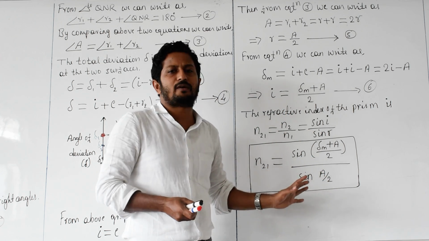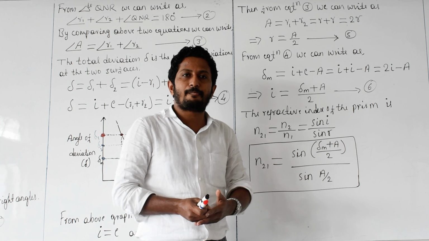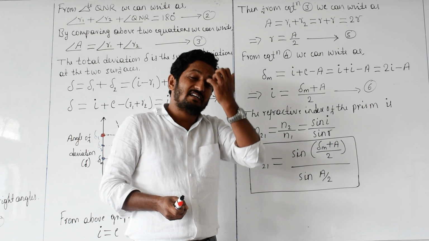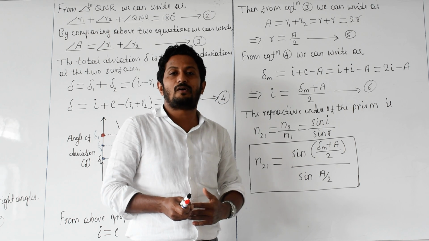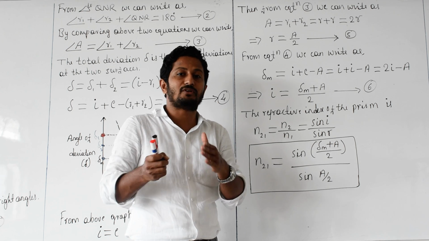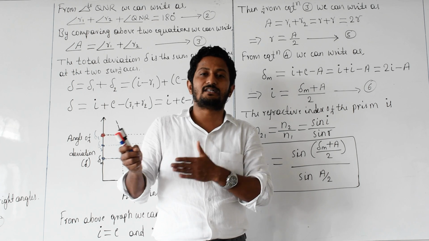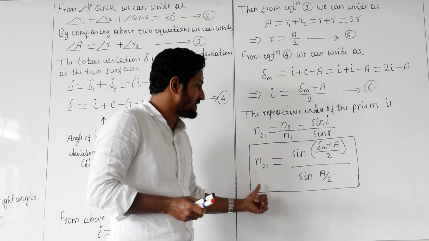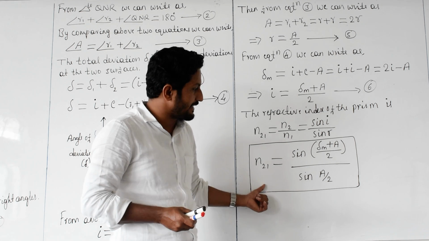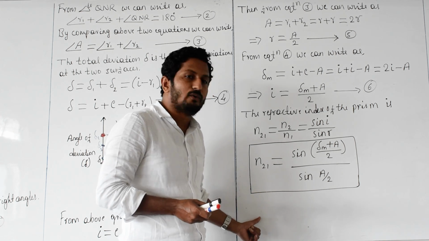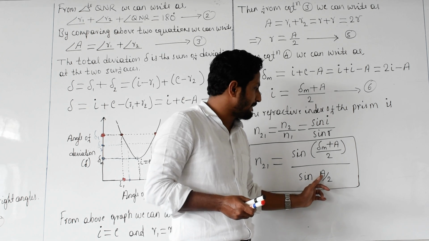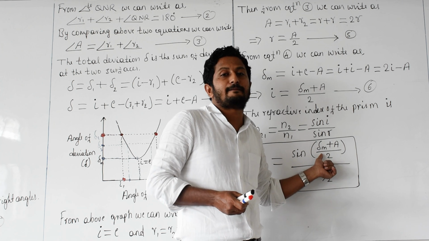Here it is very important for your board exam. They will be asking you a 5-mark derivation: derive an expression for the refractive index of the prism. At that time you have to go with this derivation till reaching this final equation. Then, after writing this final equation, below it you have to mention what N21 means, what A means and what delta M means.